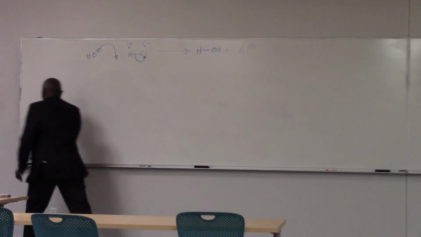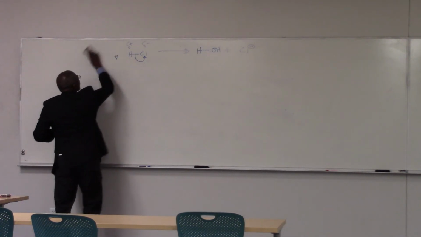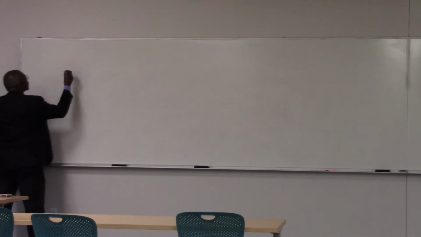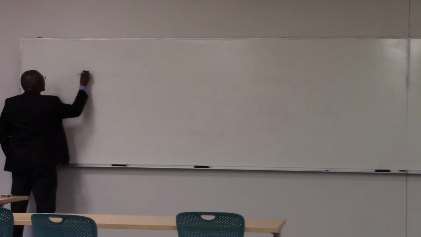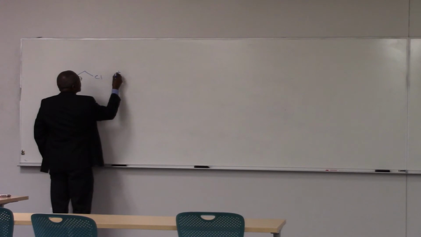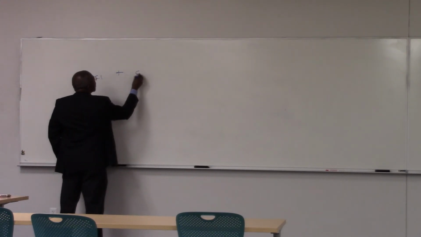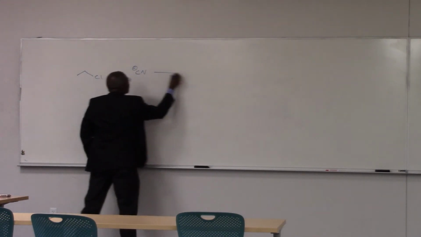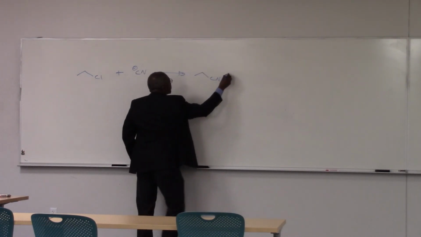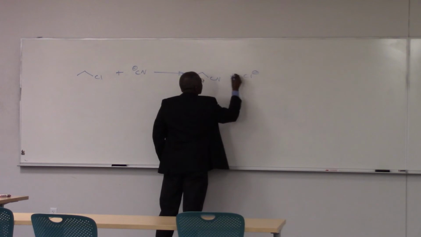Well, let's look at another one. So suppose we're looking at the reaction between chloroethane and cyanide, and my product is propanenitrile plus chloride.